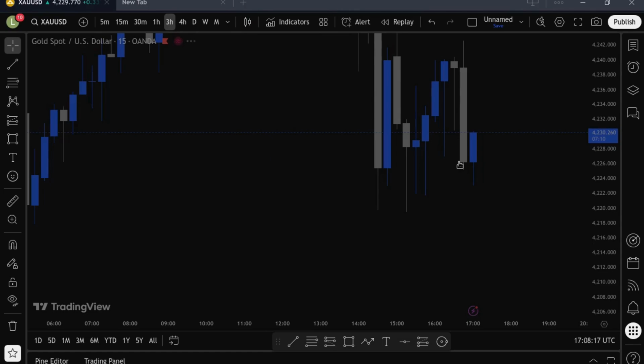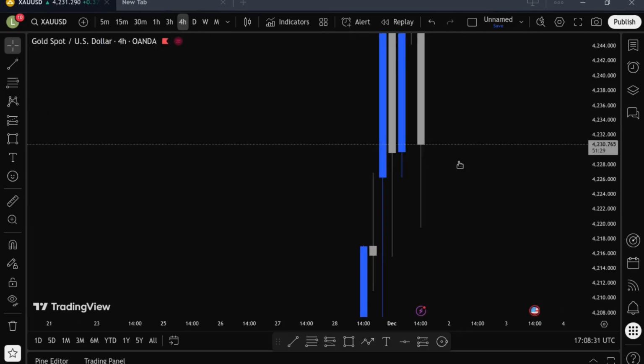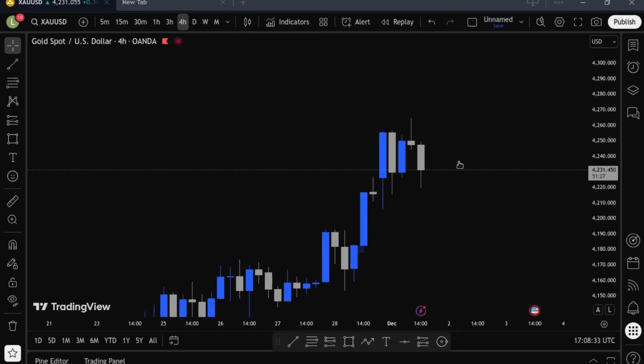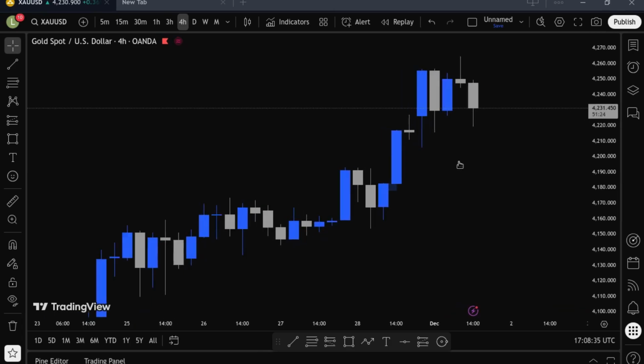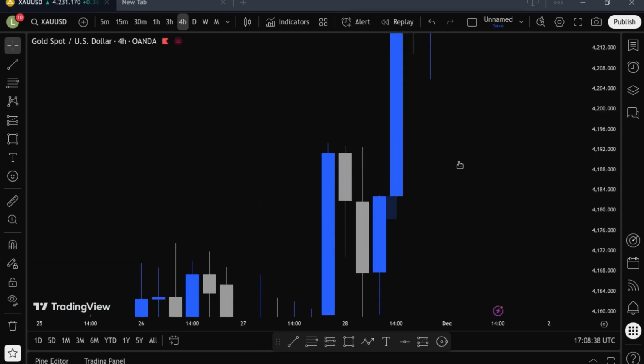And that is one reason why I prefer using TradingView web to the TradingView app, because the TradingView app is very slow in loading. For some reason, I don't know why.